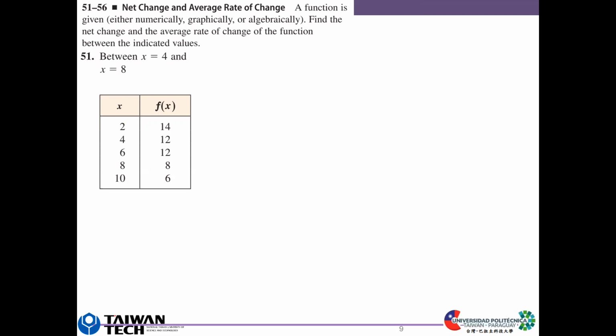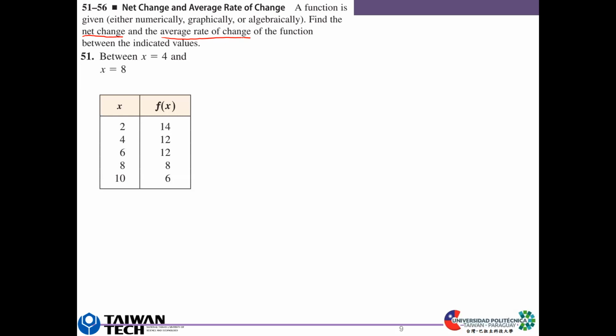Find the net change and the average rate of change of the function between the indicated values. In problem 51, you are given a table, and it asks you to find the net change and the average rate of change of the function between x equals 4 and x equals 8.